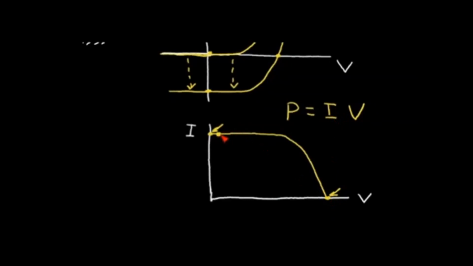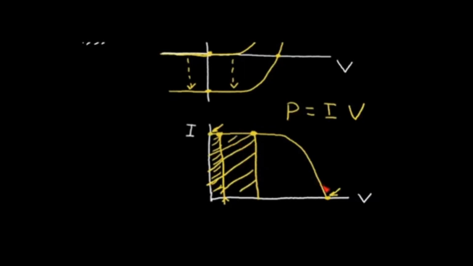But if we can operate over at this point, then the power that we can extract from this cell is the area under this part of the curve. It is this amount of current times this amount of voltage here. But if we can operate the solar cell at a point here, we can extract more power out of the cell. We can extract this area under the curve, and that's our power.